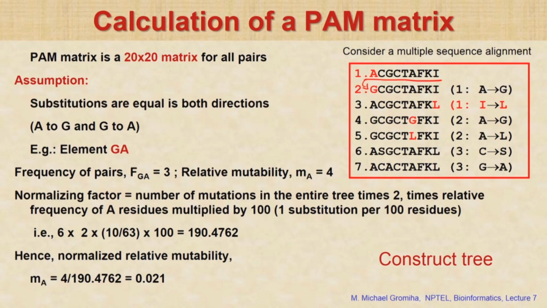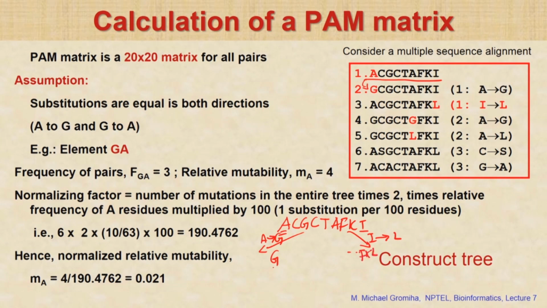The first one is this sequence A, C, G, C, T, A, F, K, I. Here A is mutated to G, and the second one, I is mutated to L. So here, instead of I we have F, K, L.